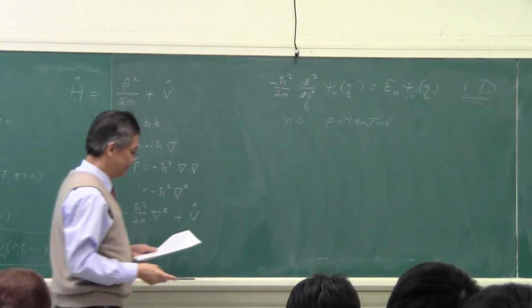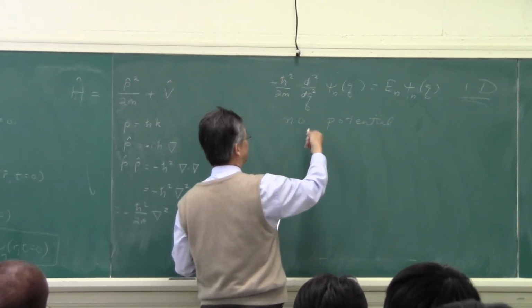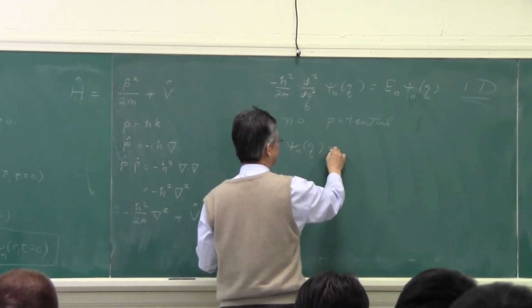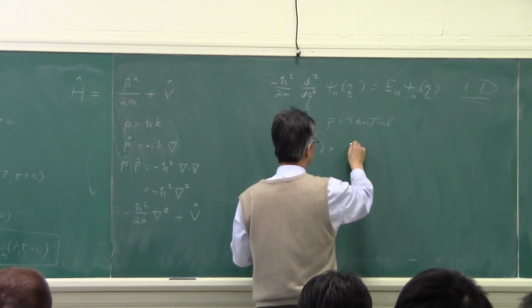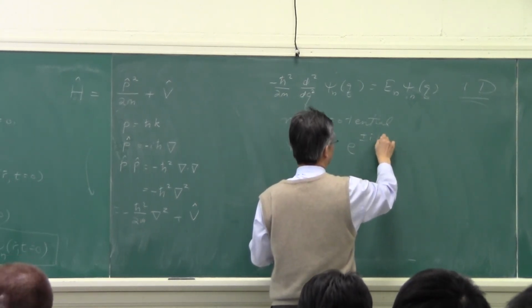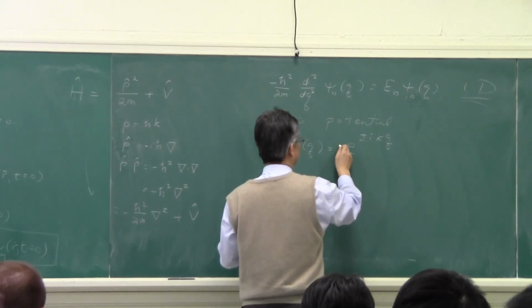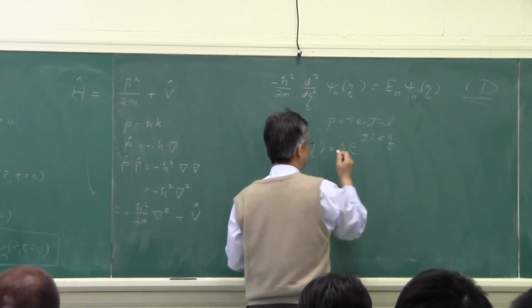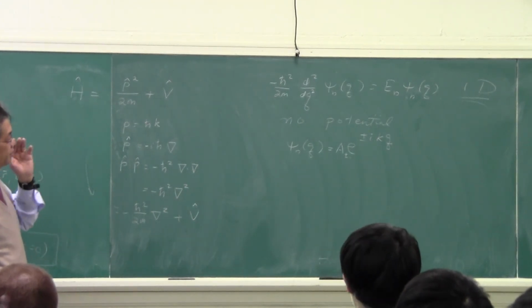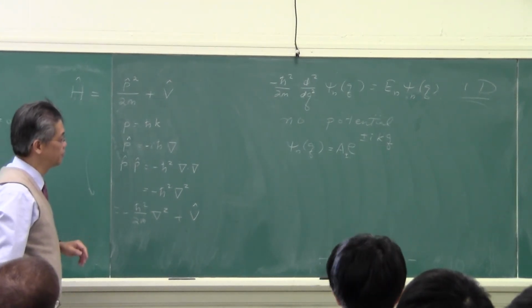Okay, and then you can see that from your ECE 350, you learn that the solution to this equation must be something of this form. Okay, e to the plus or minus i k q. Or maybe you even have an unknown constant up here. So this is a general solution to the second order differential equation.